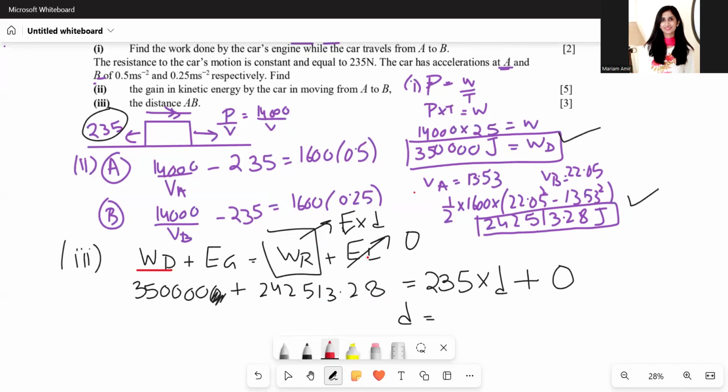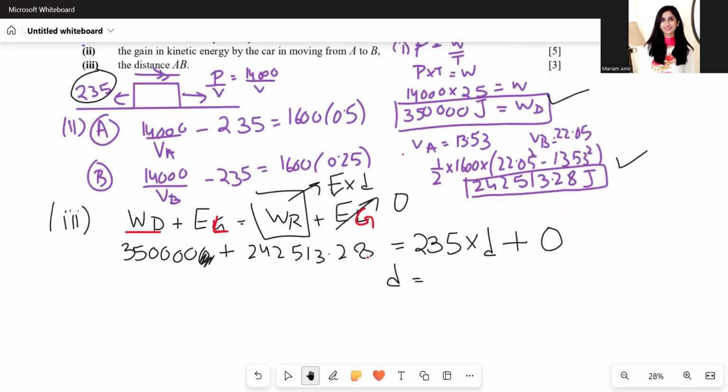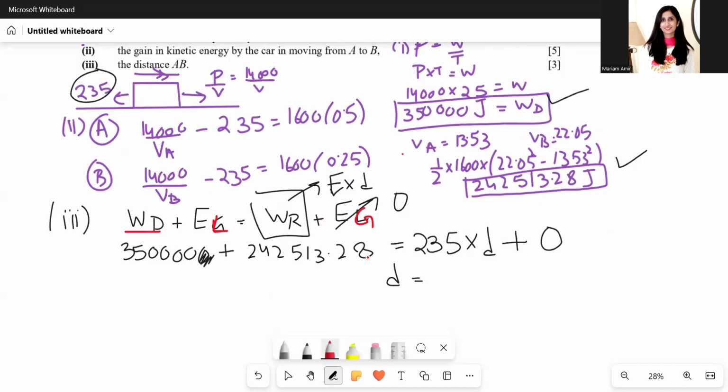Work done by driving force plus loss in energy is equal to work done by resisting force plus gain in energy. So this will have to be fixed. I'm very sorry. Work done by driving force is the same, but the loss in energy is zero. So there's zero here. Work done by resisting force is the same, but the gain in energy was supposed to be written on this side. That was a big blunder in the formula.